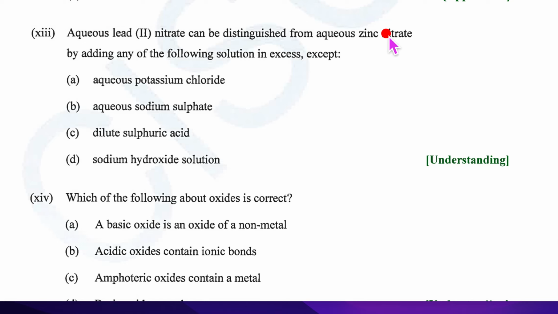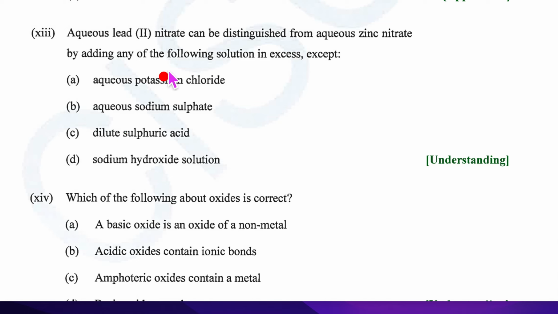But zinc will not give you a precipitate because zinc chloride is not a precipitate. Aqueous sodium sulfate with lead nitrate will form lead sulfate, which is a white PPT, but zinc nitrate will give zinc sulfate, which is not a PPT. So I can distinguish lead from zinc nitrate.